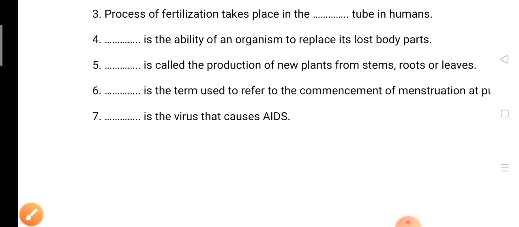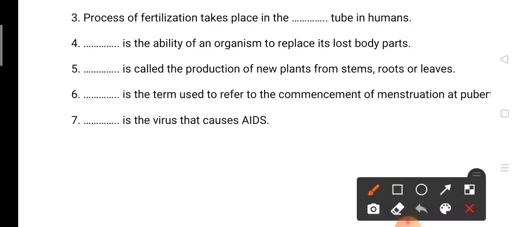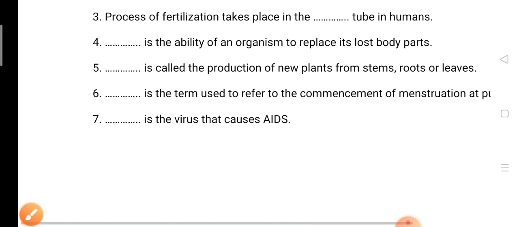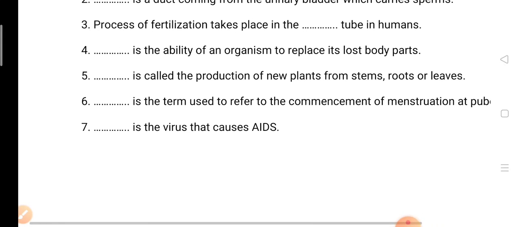Now the fifth is the production of new plants from stem, roots and leaves. So for that we will fill in vegetative propagation. Vegetative propagation is the process through which new plants grow from stem, roots or leaves. Now question number 6 is, the term used to refer to commencement of menstruation at puberty.